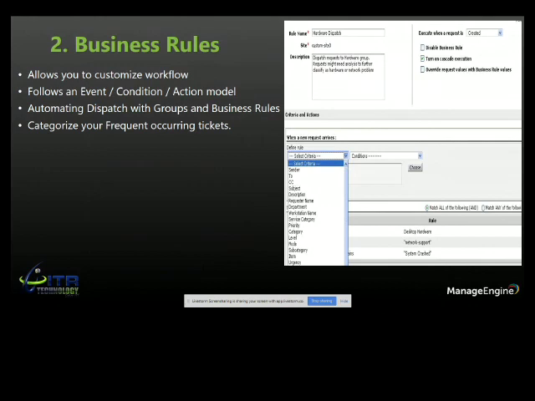Once that specific category has been selected on any request, it will automatically assign that request through to a technician. That is on the business rules, with event, conditions, and action models, automating dispatch of groups, and categorizing your frequently occurring tasks.